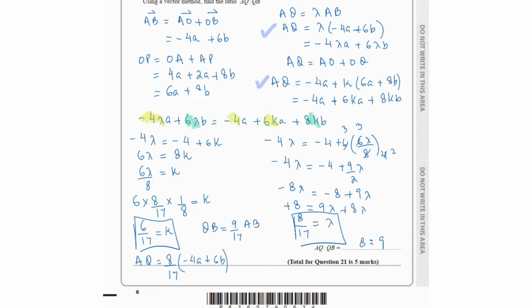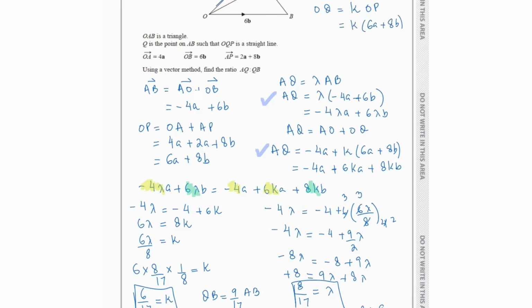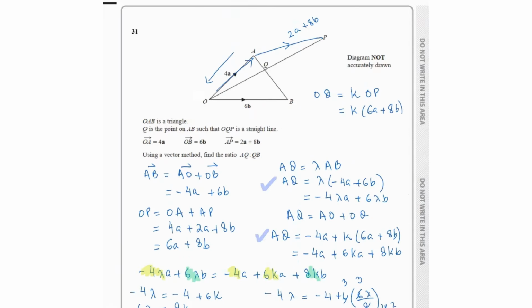That's your answer. So for these type of questions, remember, even if you're confused, try to find as many vectors as you can using the given information. Once you found your vectors, if it says using a vector method, you have to find the value of a variable or create a ratio or something. Pick a vector and create two equations for that vector.